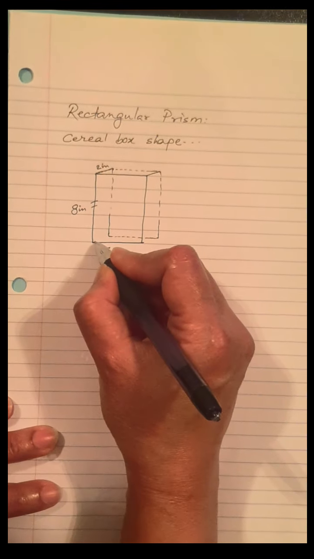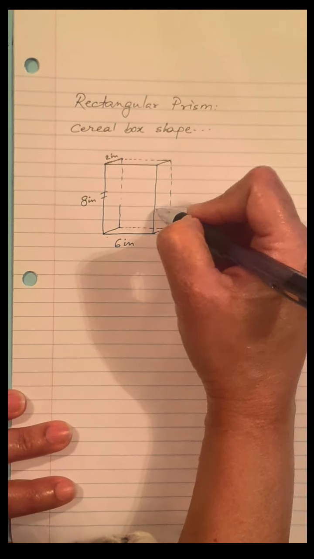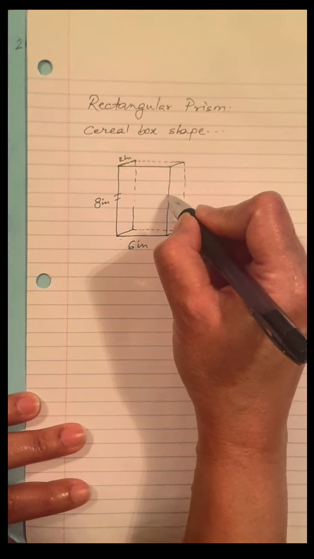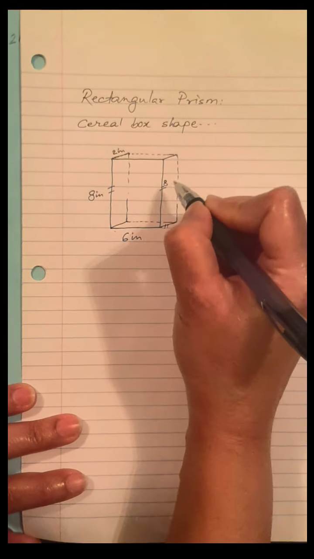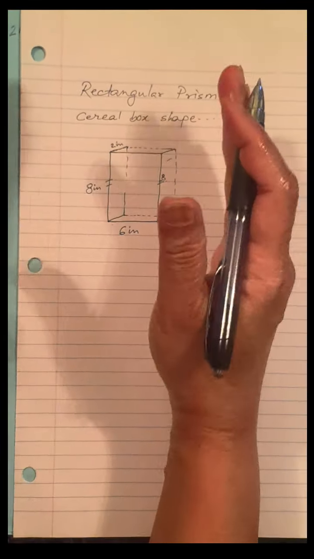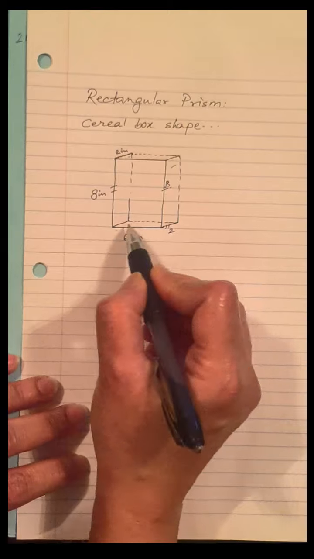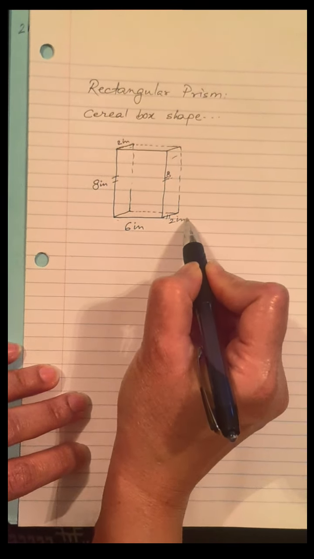So these are the sides of the box, which have 8 inches by 2 inches area, this side and this side, and the top and bottom have 6 inches by 2 inches area.